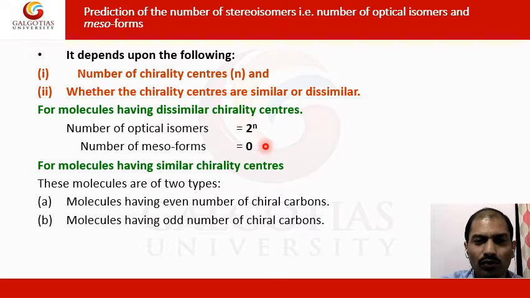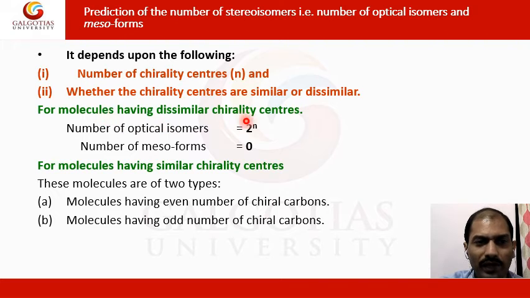In case of mesoforms, even if the molecule has chiral centers, they will not rotate the plane polarized light, because that will be nullified. So here it depends upon the number of chirality centers, and whether the chirality centers are similar or dissimilar. We have to check that in a molecule.